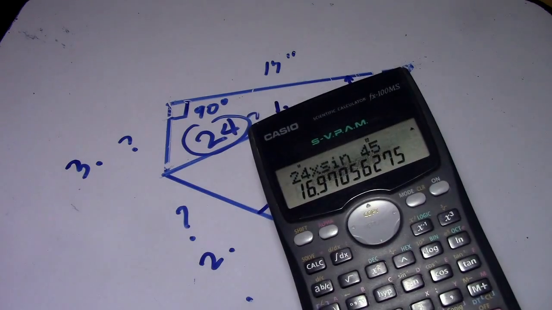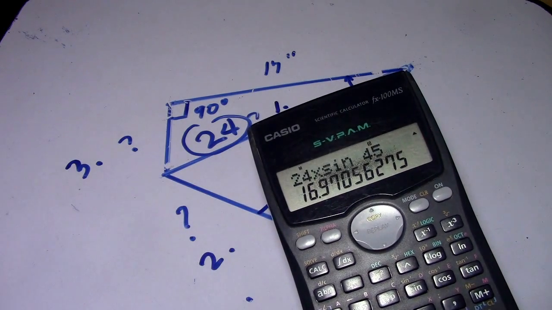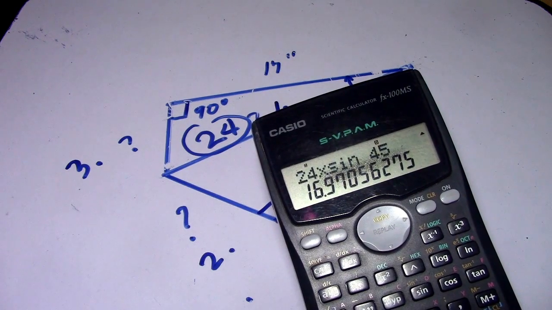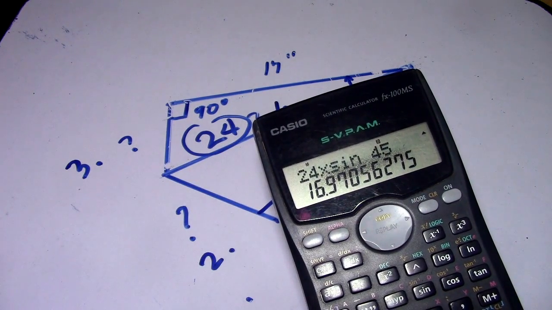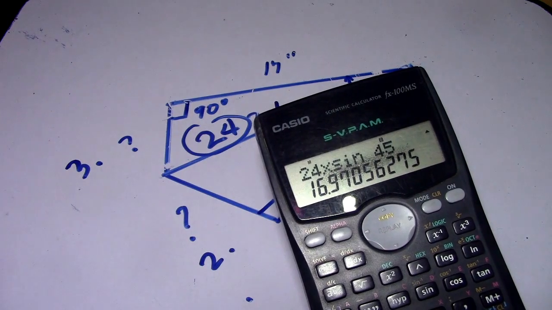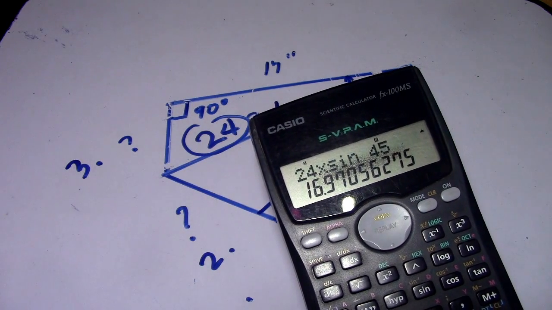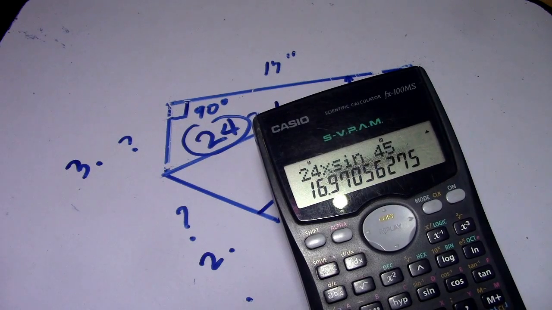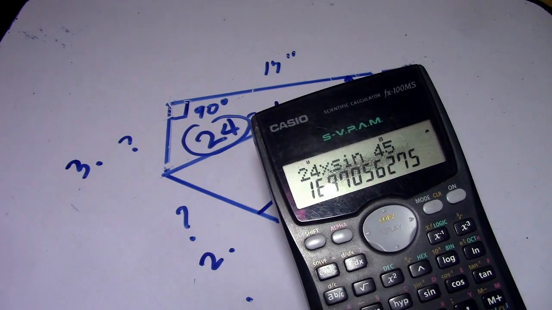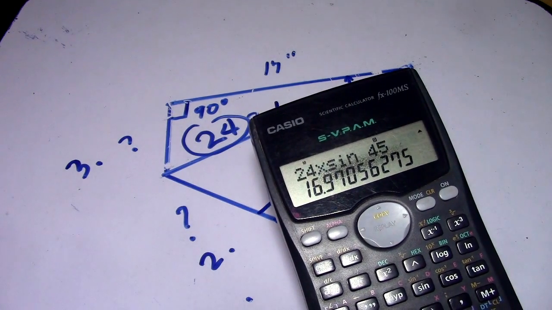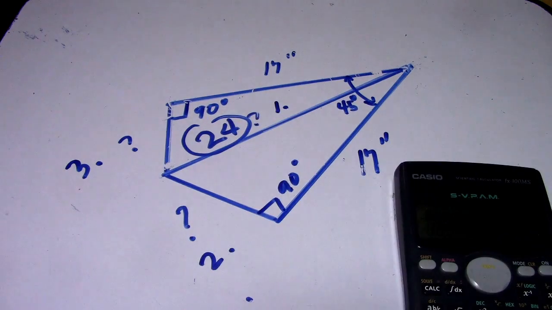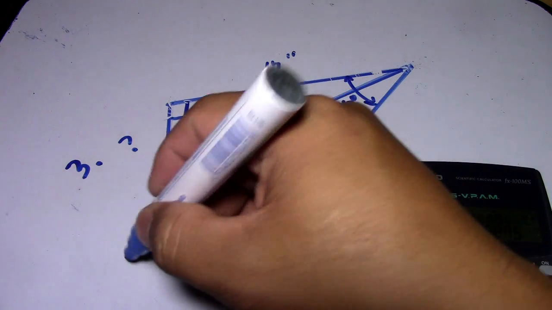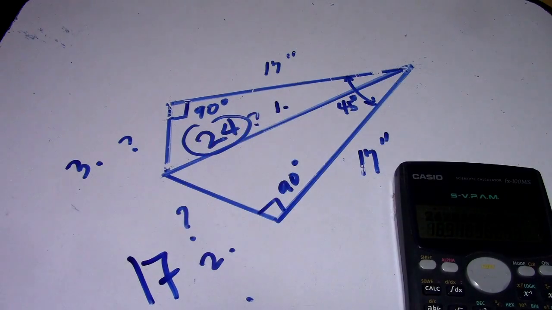So this is 16.9. This is our answer for number 2: 16.9. We will round it off, so this is 17. So number 2 is 17.